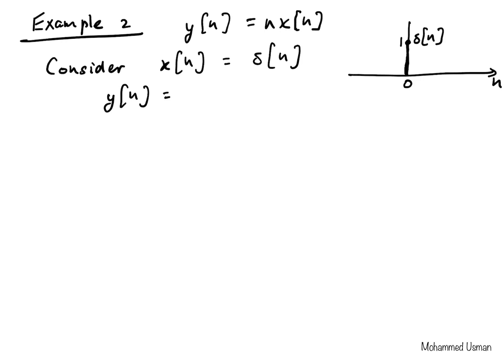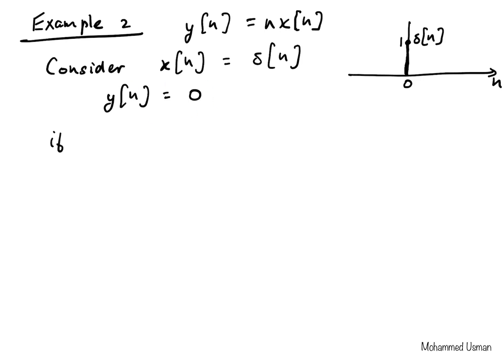So y of n is equal to 0 in this case. Now if we give a shifted version of this delta function as input to the system, we want to check whether this y of n is also a shifted version of the y of n that we have here.